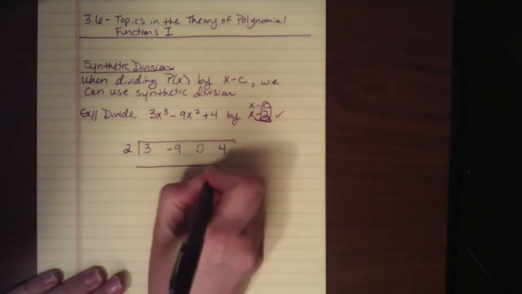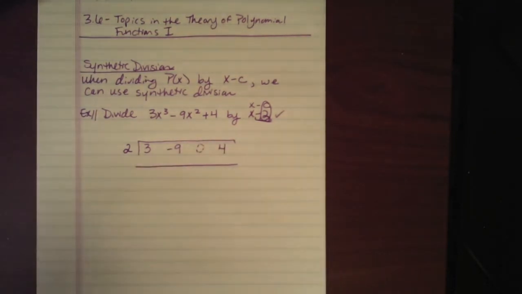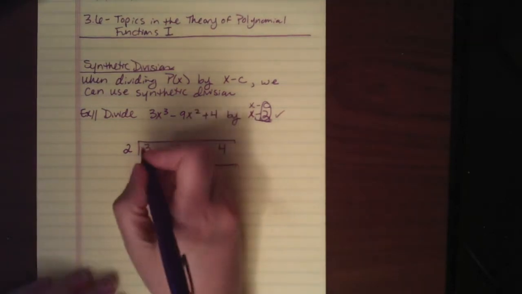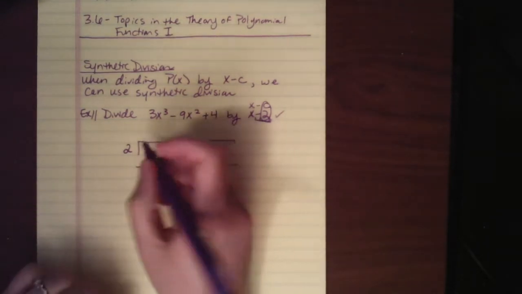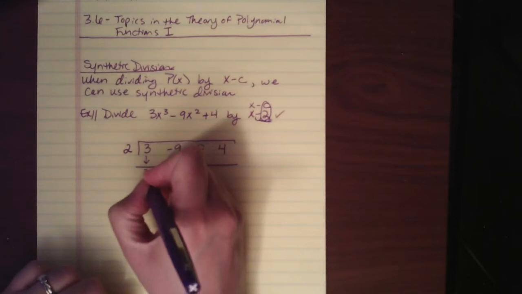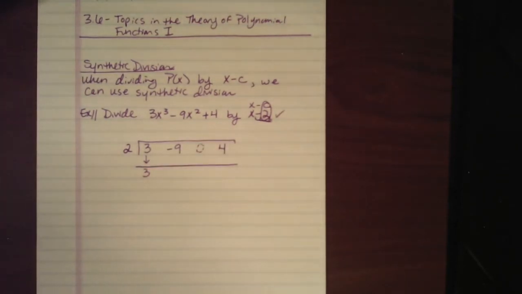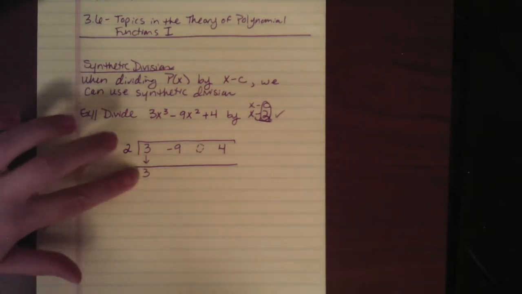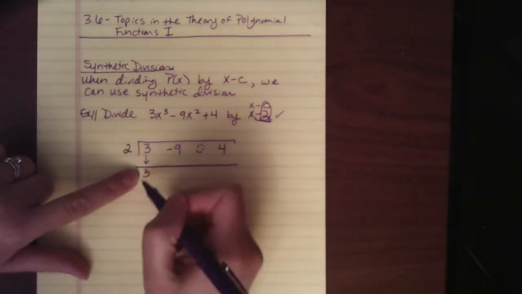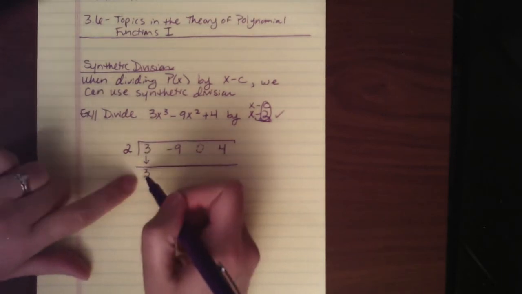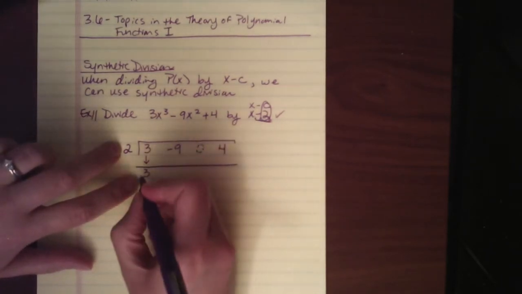And then synthetic division follows this process. Whatever this first number is underneath the division bar, you bring that straight down. Okay, 3. Then we take the 3 and we multiply it by this c value, the value that's outside of the division bar. So 3 times 2 is 6.